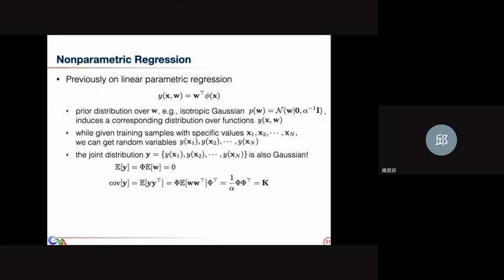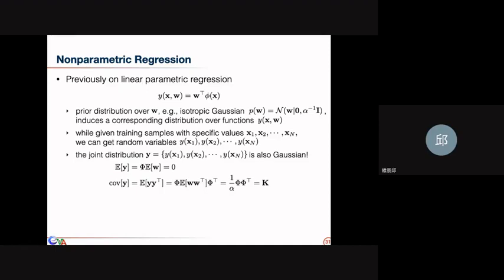The covariance can be computed similarly. You can follow this math on your own. So you can see here, this is the expectation over Y times Y transpose. Because phi is the feature representation of your training samples, we can leave it out of the expectation. So you have capital Phi times the expectation over W times W transpose times Phi transpose.